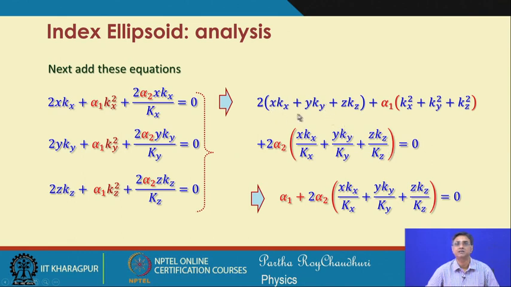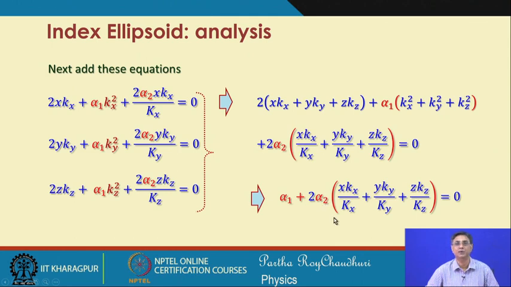So, this part is equal to 0 because this represents the equation of the plane, and this quantity k x square plus k y square plus k z square is equal to k square, which is equal to 1. So, I get alpha 1 equal to 2 into alpha 2 multiplied by this quantity is equal to 0. So, we can write the value of alpha 1 in terms of alpha 2, but alpha 2 is equal to minus r square.